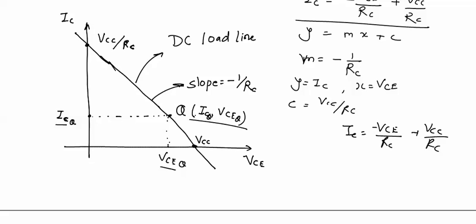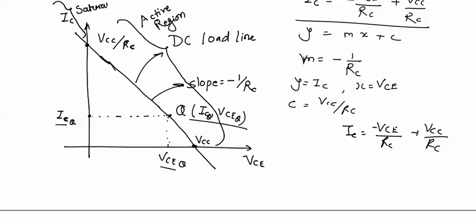So this is the operating point. If operating point lies in this region, then we can say that transistor is biased in active region. If Q point lies in this region, then transistor is biased in saturation. And if Q point lies in this part of the load line, then transistor is said to be biased in cutoff region.